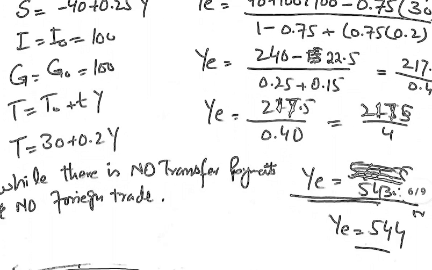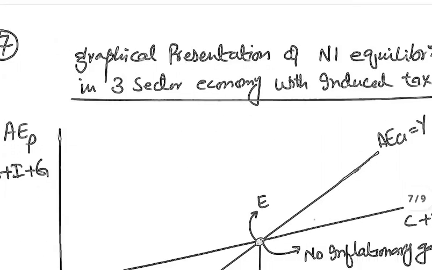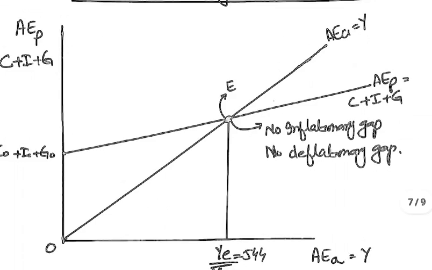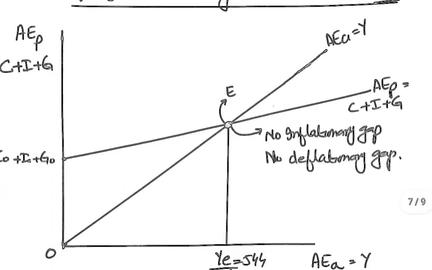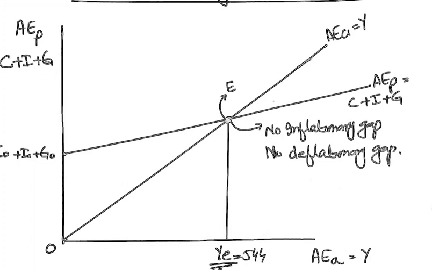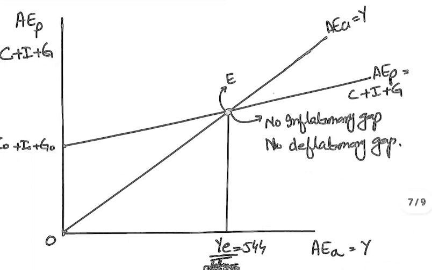Now we illustrate the national income with a graph. On the horizontal axis there is aggregate actual expenditure, and on the vertical axis there is aggregate planned expenditure. The curve that starts from the origin is the aggregate actual expenditure curve, equal to y, that is the supply curve of the economy, while the curve that starts from an intercept is the aggregate planned expenditure curve.